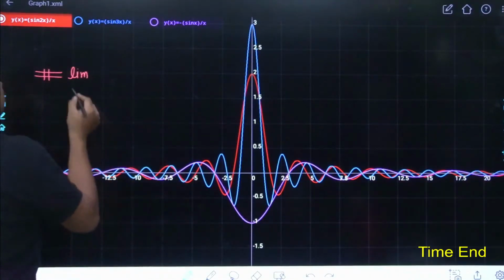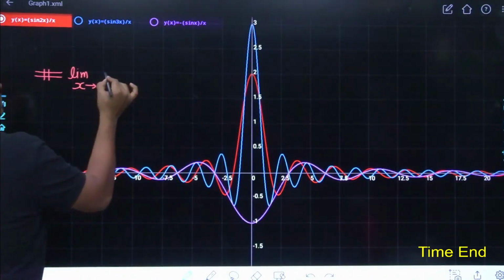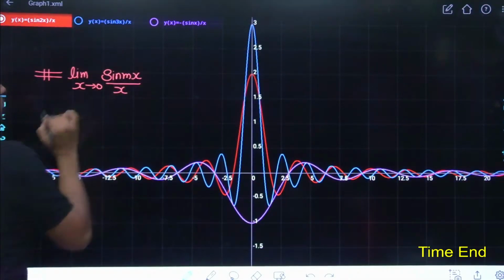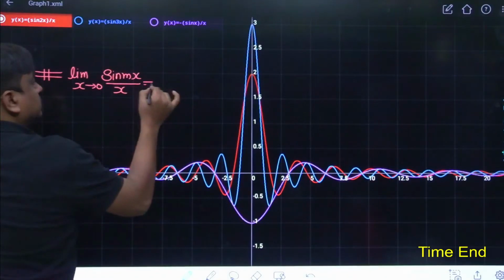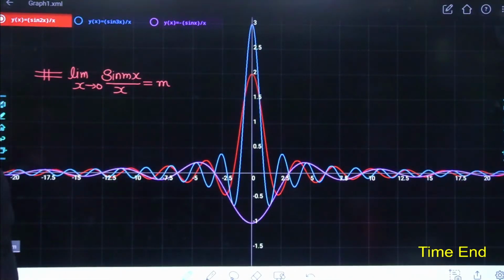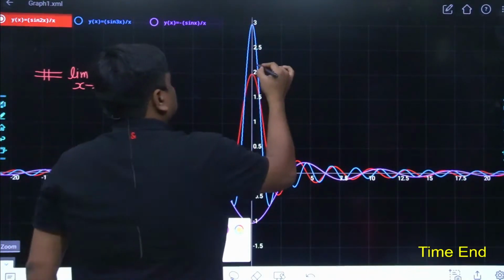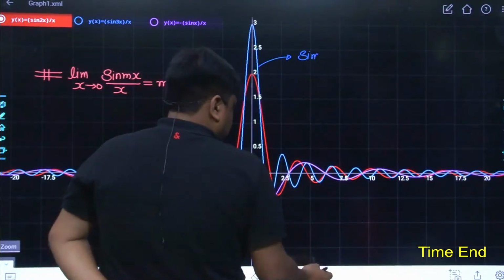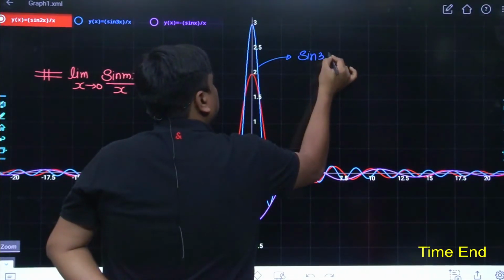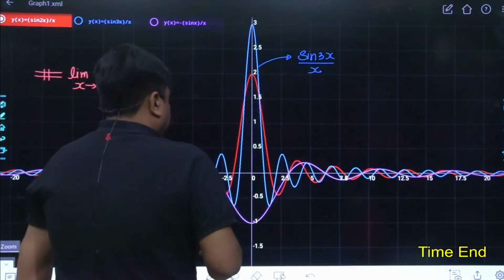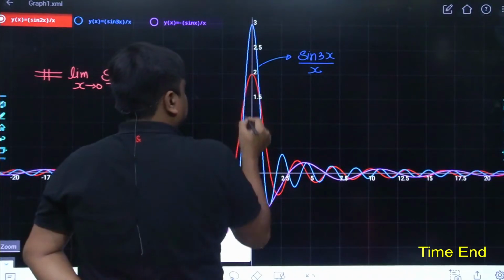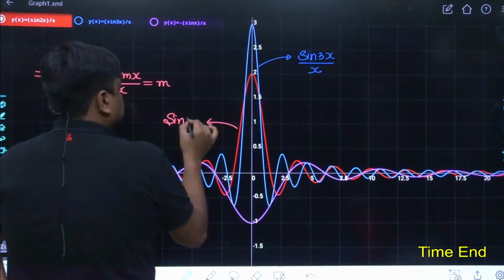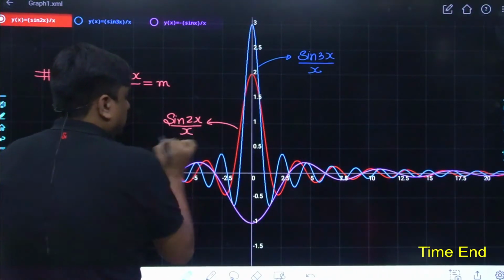Just a minute. Limit x tends to 0 of sine of mx over x is equal to m. Now you can see very well this bluish curve is the curve of sine 3x over x, and this red curve is the curve of sine of 2x over x.